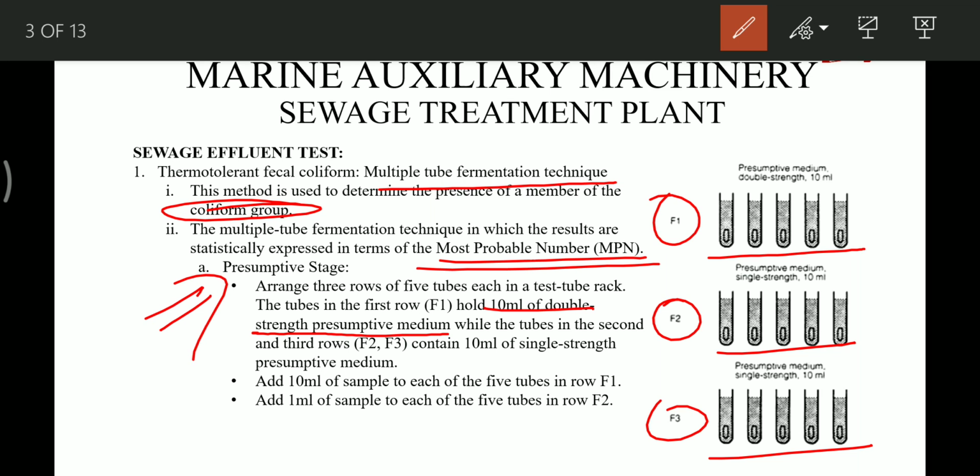The first stage is the presumptive stage. In this, the first row of tubes contains the double strength presumptive medium, while the second and third rows, that is F2 and F3, contain 10 ml of single strength presumptive medium.